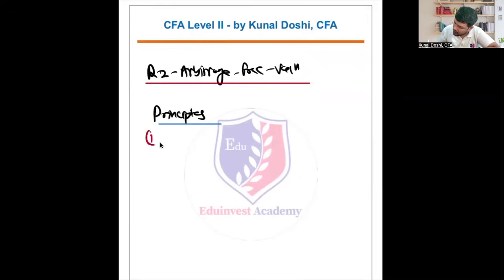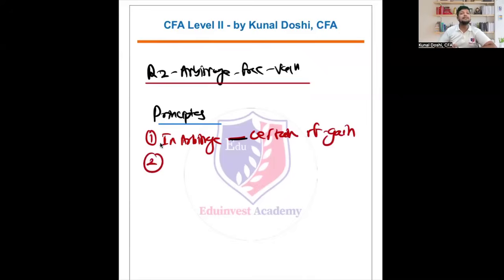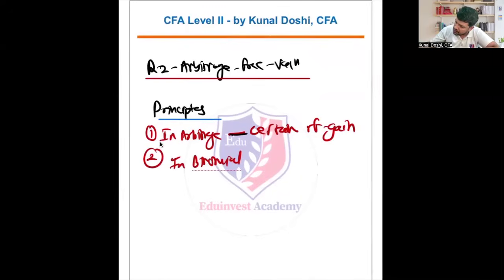Number 1, in arbitrage, we have a certain, risk-free gain, correct? The second principle we are going to discuss is about backward induction in binomial. In binomial, there are two possibilities.